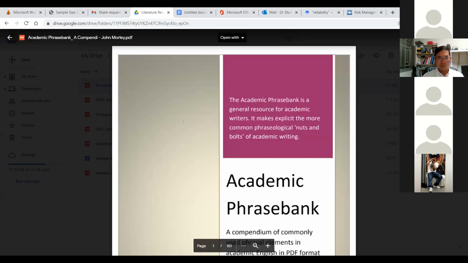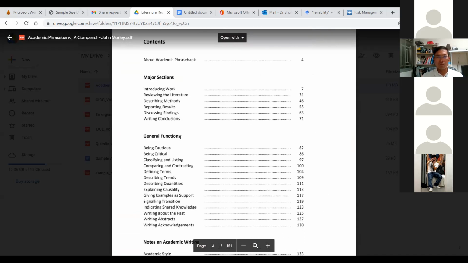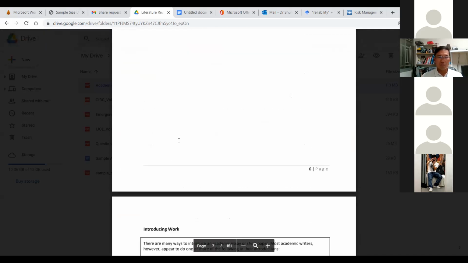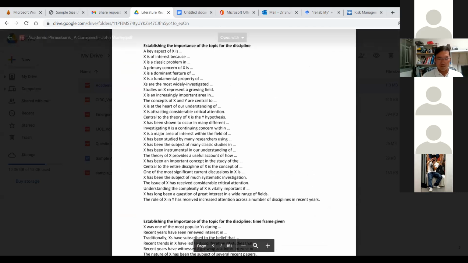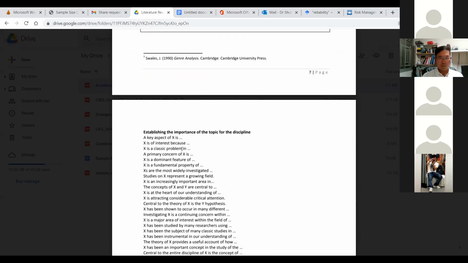If you want to purchase it, it is about a few $100, so I give you. Look here. A key aspect is dash. For example, your topic is property management. A key aspect of property management is, then you can write a few lines.